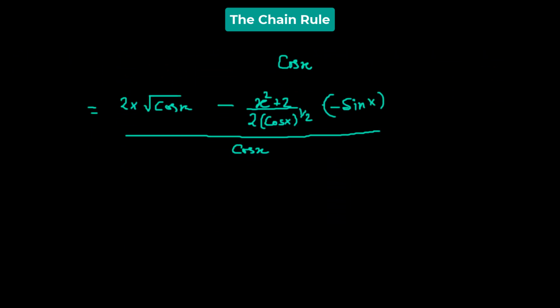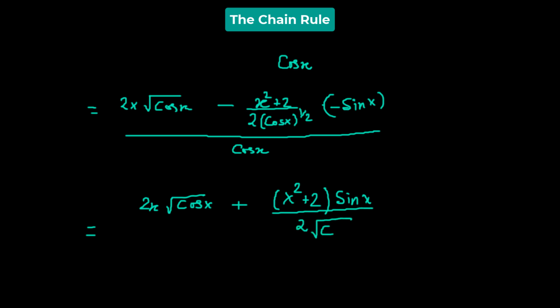So we now have 2x times square root of cosine of x minus x squared plus 2. So the negative and negative sine x will make it positive. So we have x squared plus 2 multiplied to sine x divided by 2 times the square root of cosine of x, whole divided by cosine of x.